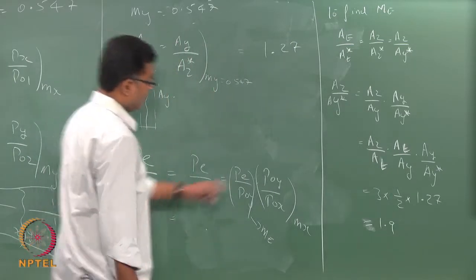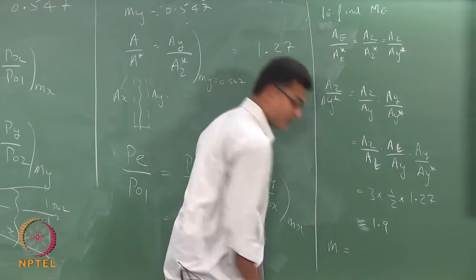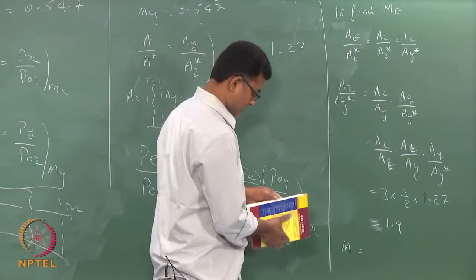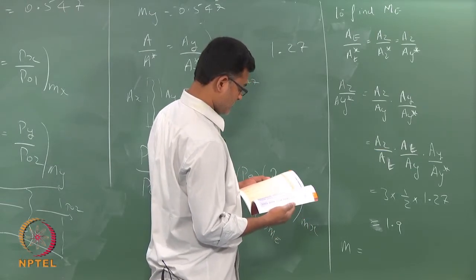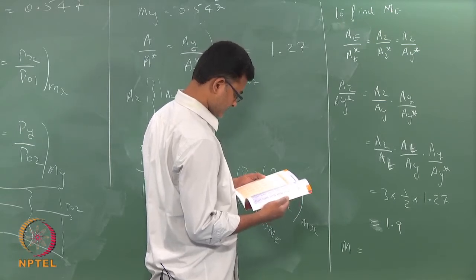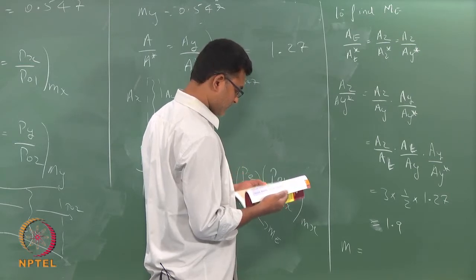So the M associated with this 1.9, look at the isentropic table. Isentropic table 1.9, the subsonic value.